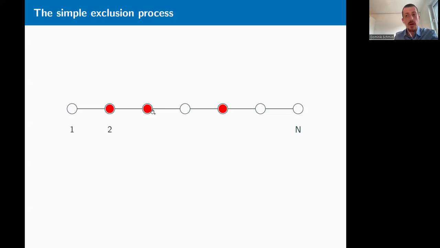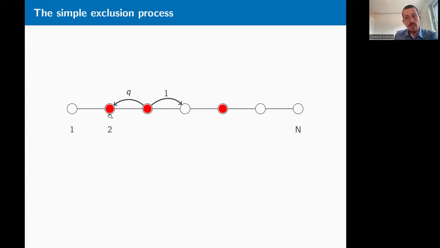Also, I want to think about these particles as performing random walks. What I mean by this is that each particle receives two clocks. The first clock will be an exponential 1 clock, and the second will be an exponential q clock, for some q between 0 and 1.